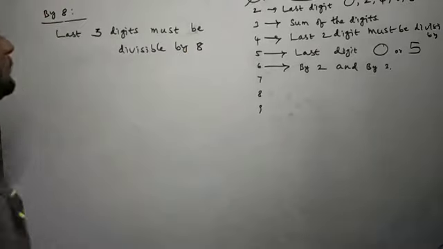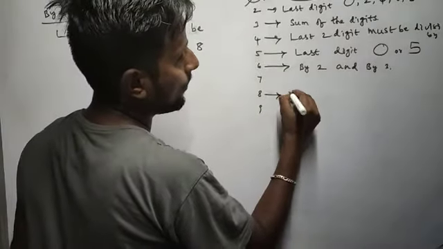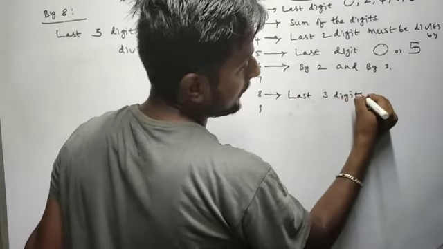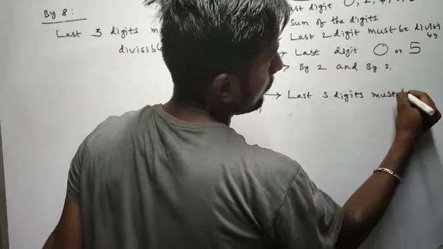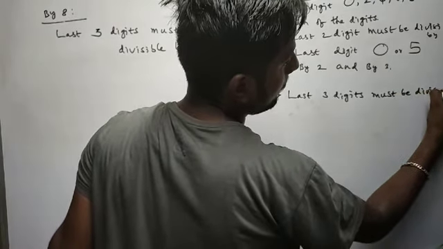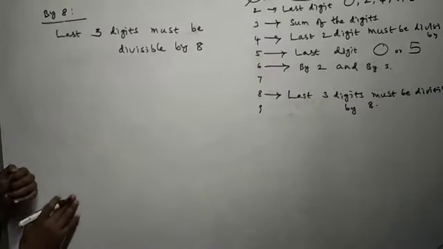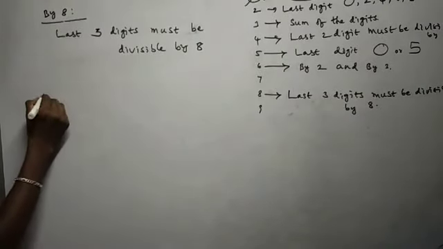The divisibility rule of 8 is the last 3 digits must be divisible by 8.